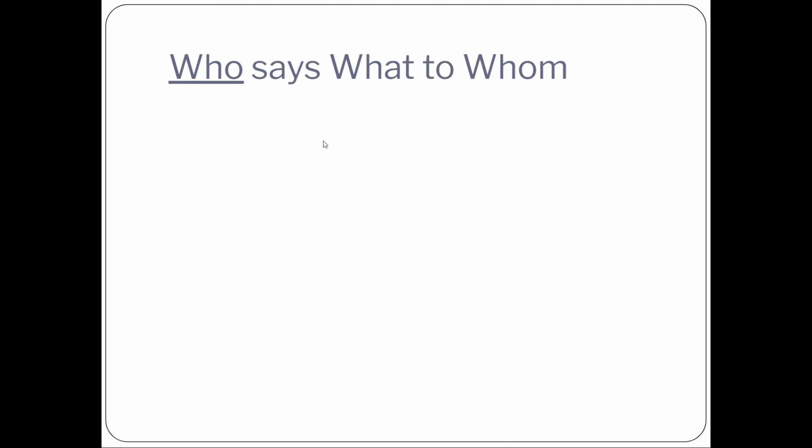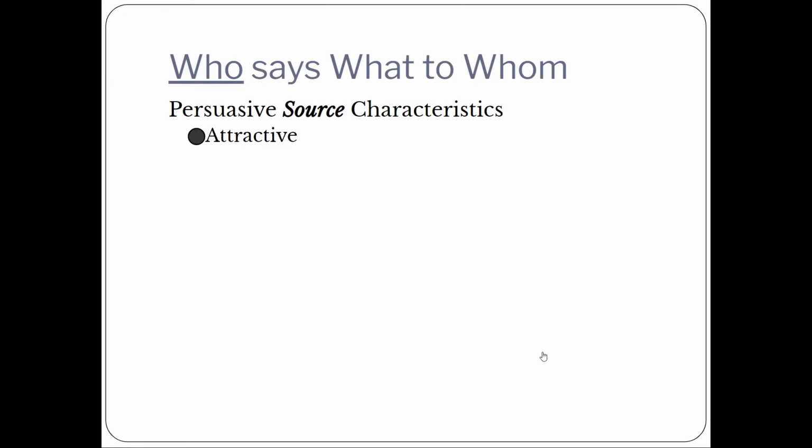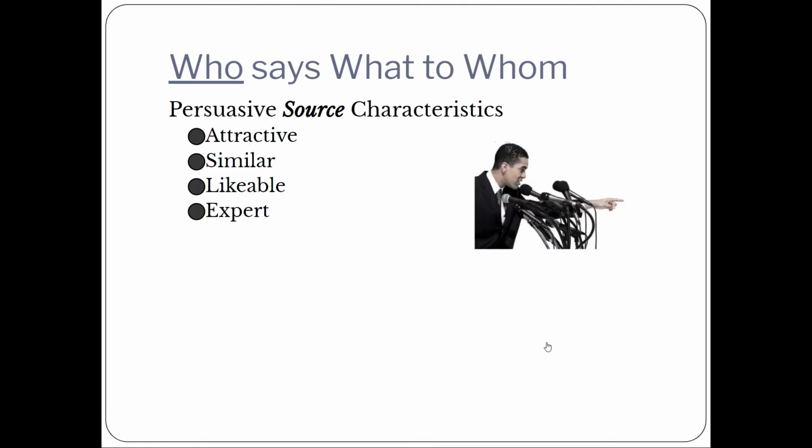So let's talk about the who first, the persuasive source. There are characteristics of the persuasive source that make us more or less likely to be persuaded. So if the person who's trying to persuade us is attractive, is similar to the person they're trying to persuade, is likable, and is an expert in the domain, they're more likely to be persuasive.